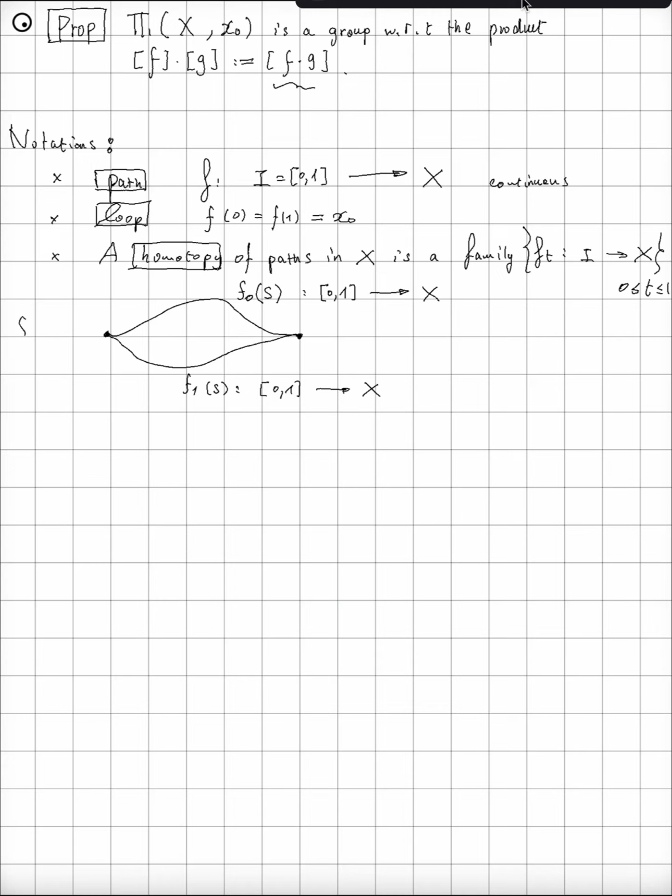This is requiring that f0(0) equals f1(0) equals, let's say, x0, and on the right-hand side f0(1) equals f1(1), let's denote by x1. And the way we describe this continuous changing is by introducing infinitely many continuous functions, which means infinitely many paths between these two, by introducing ft(s).